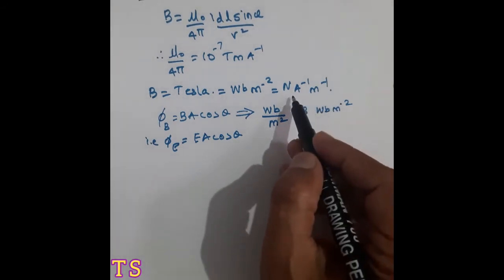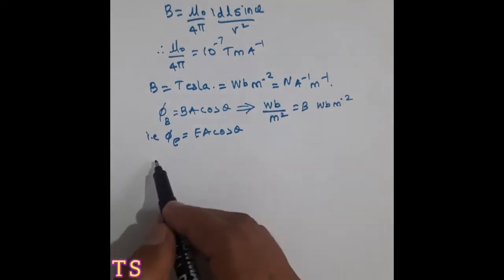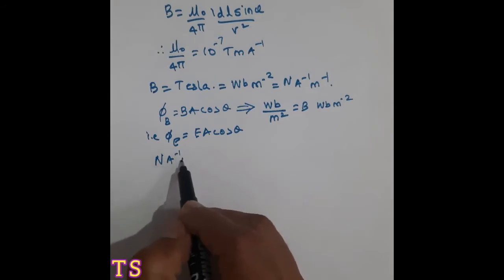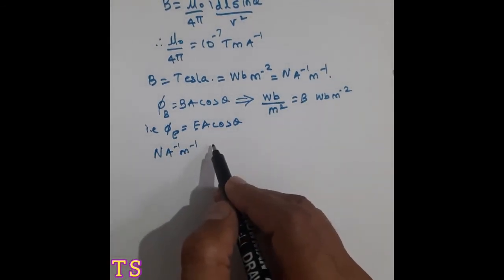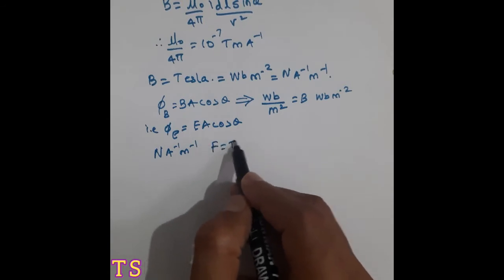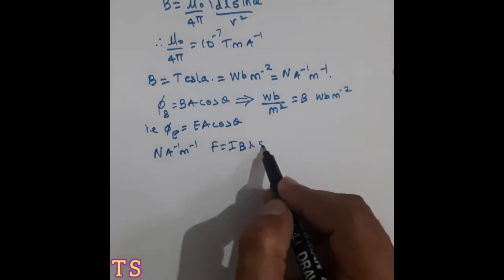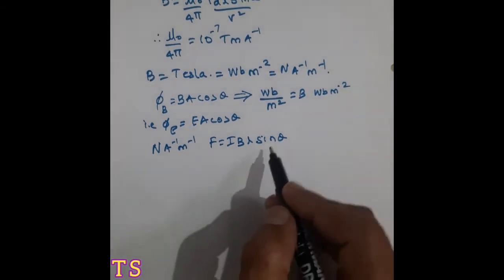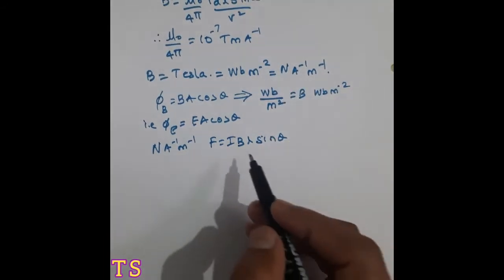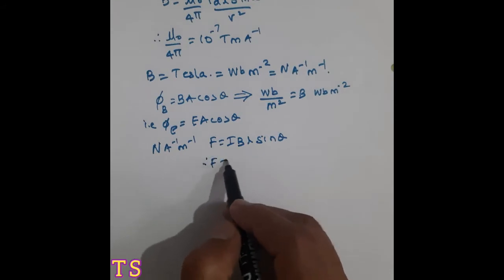Now we need this second unit. How did we get Newton per ampere per meter? You have learned this in 10th standard: F equals I B L sin theta. You will be doing this ahead in the chapter. For time being, how did we get this unit? I am explaining you. F equals IBL.